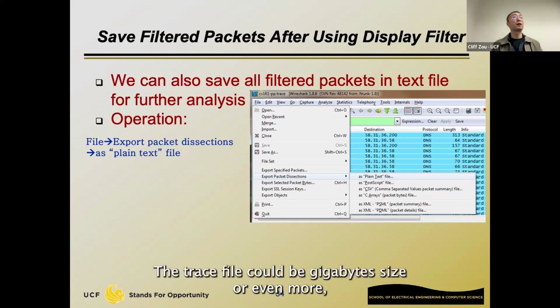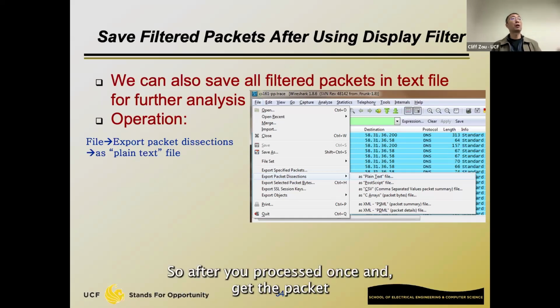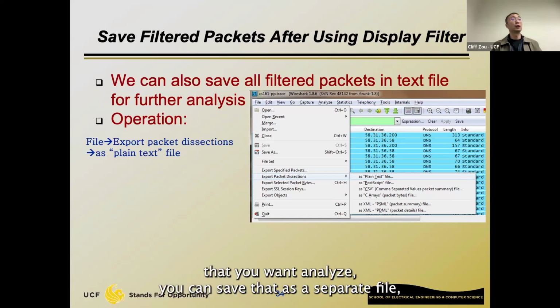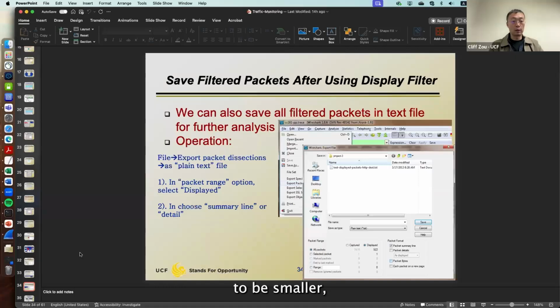Because the trace file could be gigabyte size or even more, which is hard to load and to process. So after you process once and get the packets that you want to analyze, you can save them as a separate, smaller file.